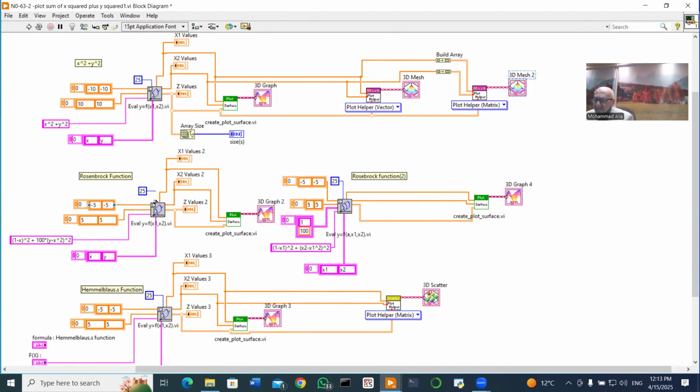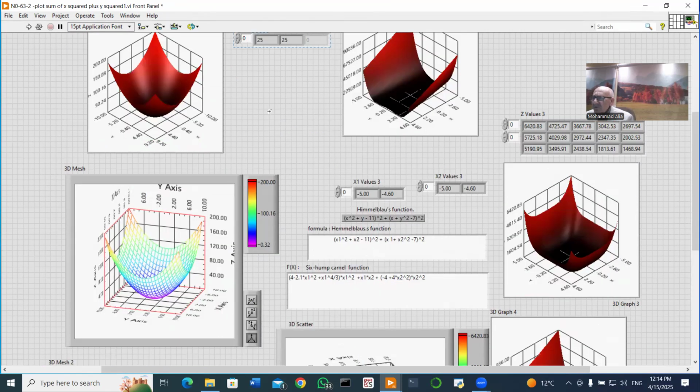As you see here, the number of points of the arrays at the output is 25. So this matrix, if you take its size, will be 25 by 25. I especially did this here: I took a branch from this matrix, fed it to array size, and found the sizes are 25 by 25.